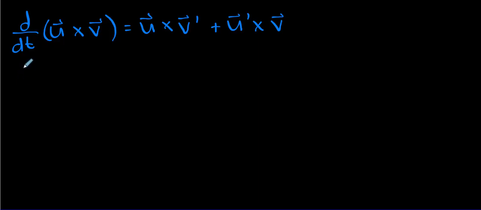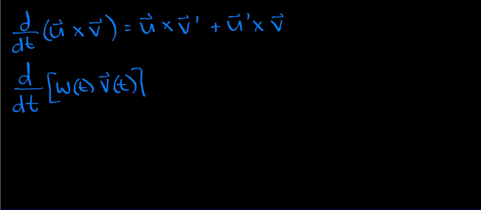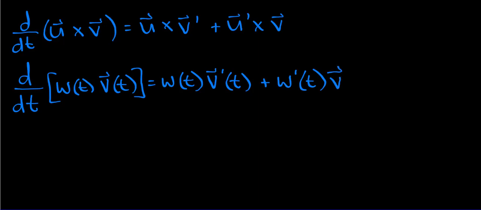Now sometimes you might have a non-vector valued function, let's call it w, and then you have a vector valued function v. You still go about this the same way. You've got w of t times v prime of t, so you're still using the product rule, plus w prime of t times v of t.